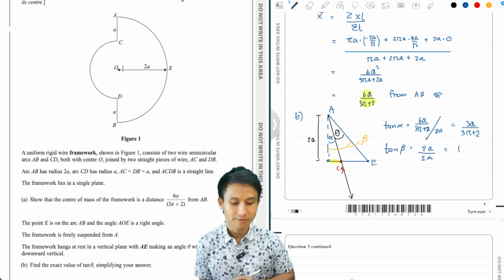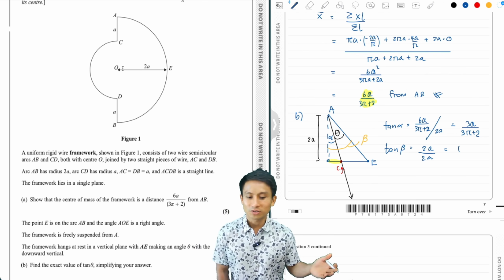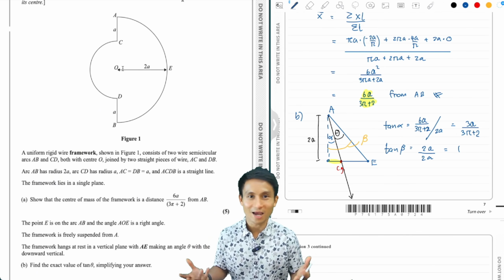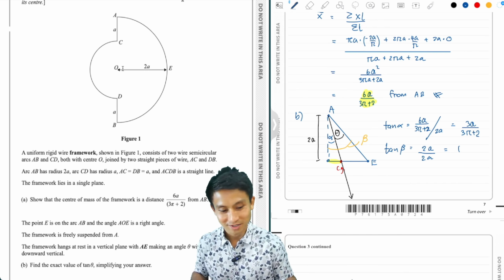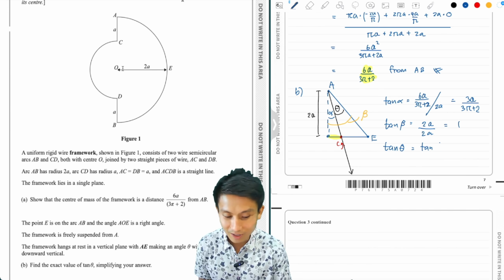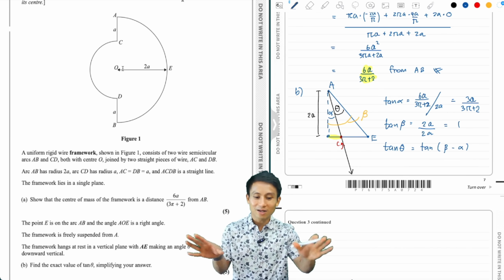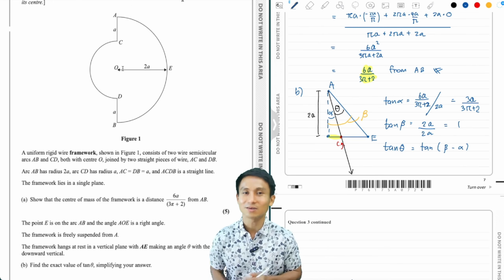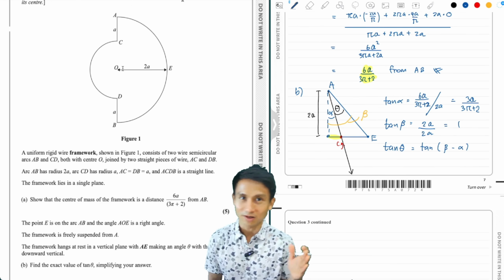So that's just 1. Now, of course, tan theta is not going to be tan beta minus tan alpha. That's not right. But we know that tan theta is going to be tan, in brackets, beta minus alpha. So it's not tan beta minus tan alpha, but it is tan, in brackets, beta minus alpha. Different.